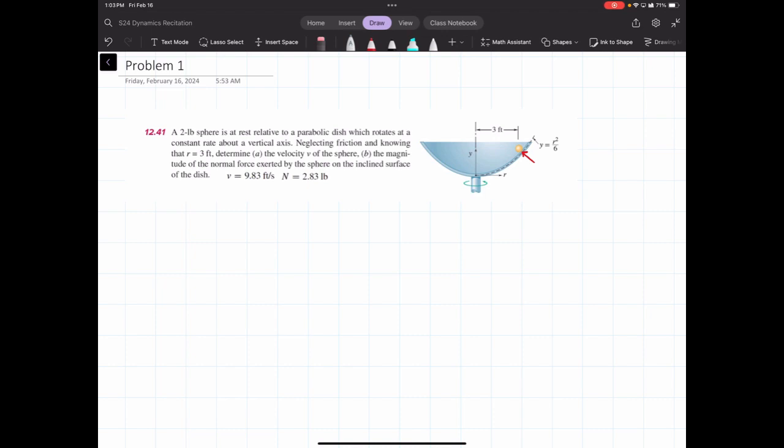So we need to find the angle of the slope of this bowl, exactly where the sphere is sitting on it, so that we can find the normal force. So the parabolic curve of the bowl is given by y equals r squared over 6.